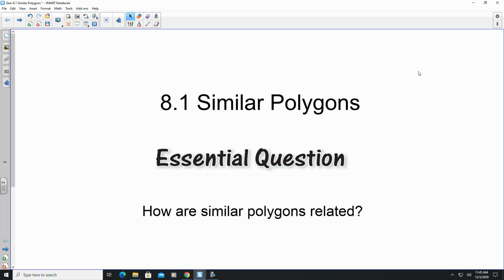Up to this point, we have looked at congruent figures, which means you had two figures that were exactly the same, which meant that their corresponding angles were congruent and the corresponding sides were also congruent.